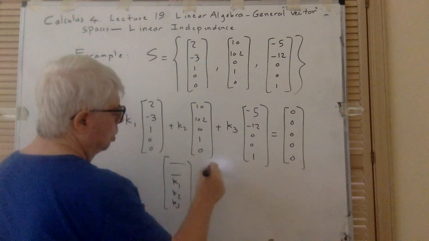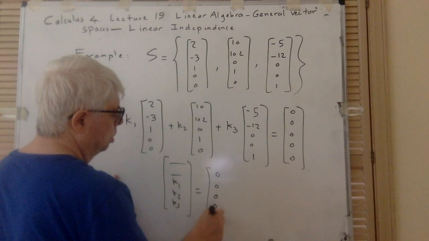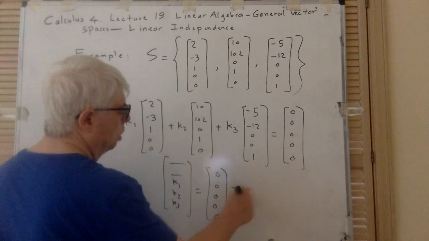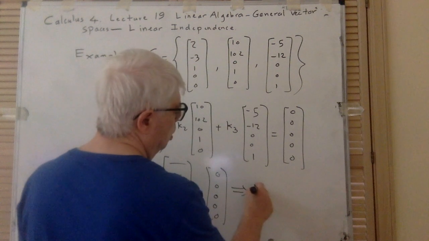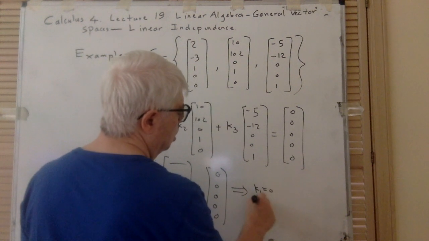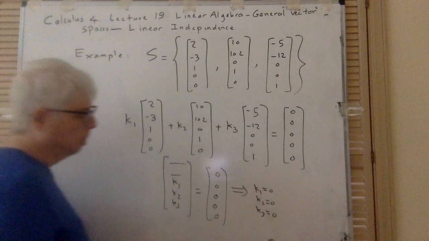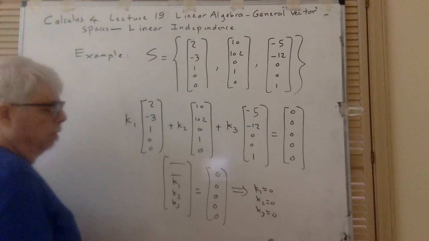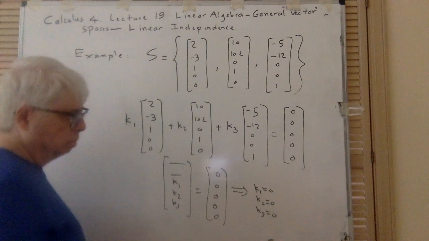And this equals 0, 0, 0, 0, 0. So what will you get out of this? You will get K1 is 0, K2 is 0, and K3 is 0.